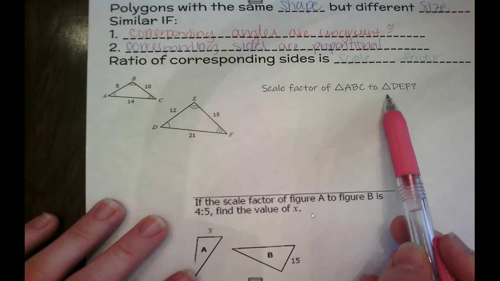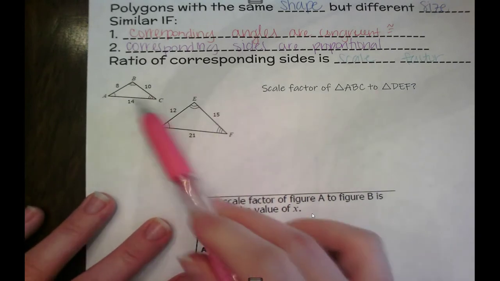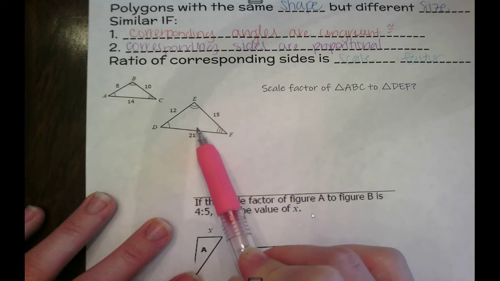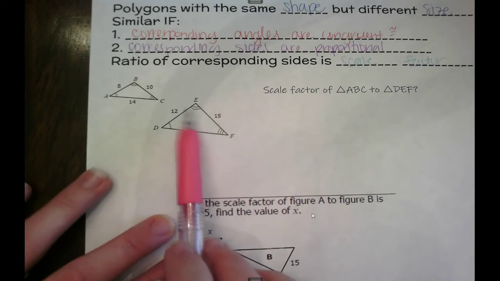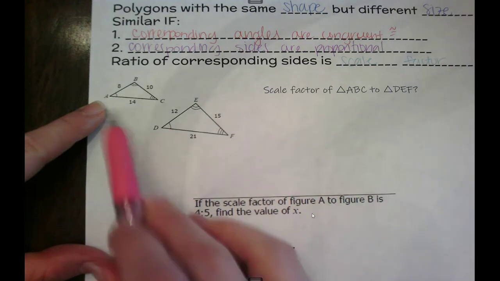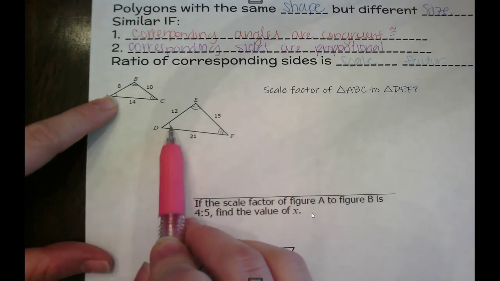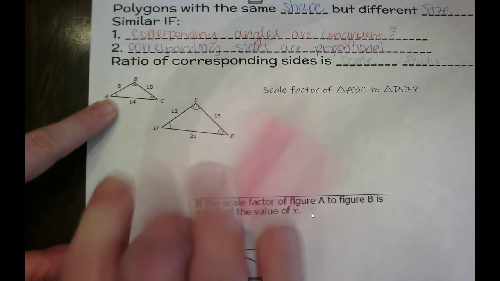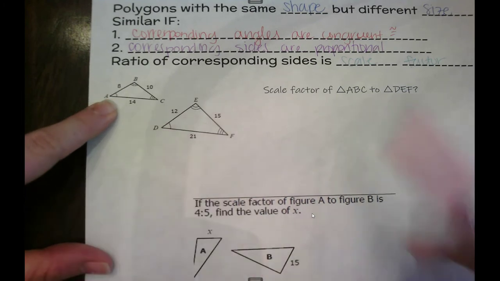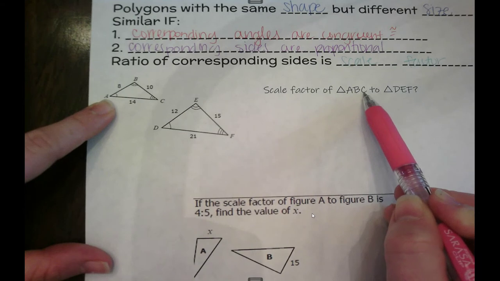So we want to know what the scale factor is of A, B, C to D, E, F. So we're saying that these two are similar. And we know that too because the corresponding angles are congruent. And we know that by the little marks inside. Since there's one little arch here, that means that these are the exact same degrees. And they're corresponding because of how we wrote our triangle.